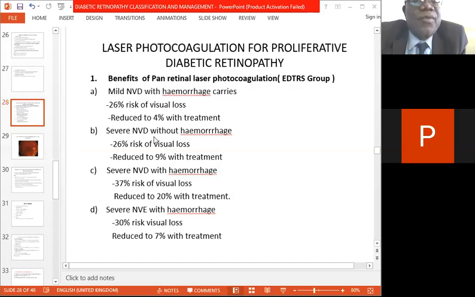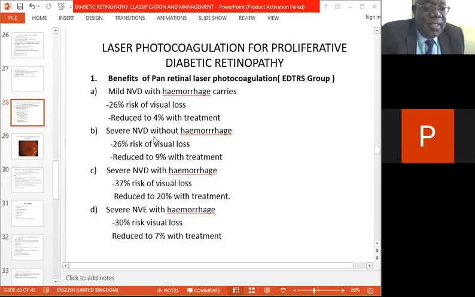Severe NVD with hemorrhage, 37% risk of visual loss, but it's reduced to 20% with the treatment. Severe NVE. NVE is neovascularization elsewhere on the retina. And with hemorrhage, 30% risk of visual loss. With treatment, 7%.